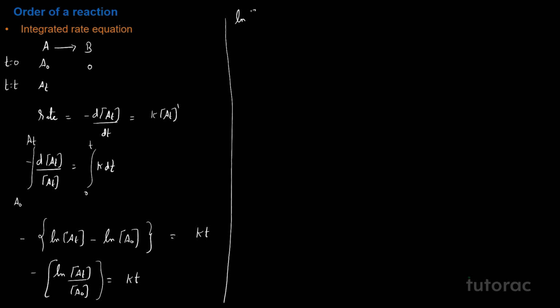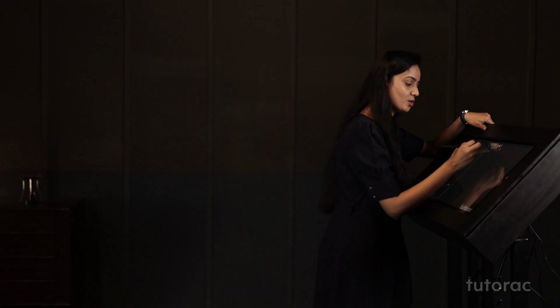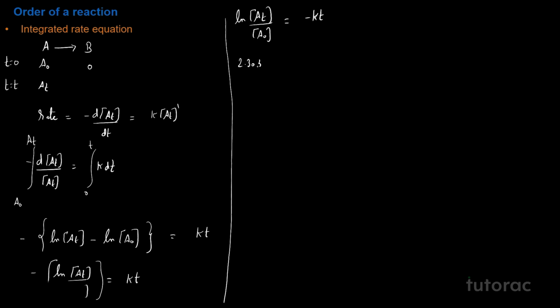Now I can write this equation as ln At upon A naught is equal to minus kt. In chemistry, we use log base 10, so I have to convert this to log base 10. I will write 2.303 log base 10 At upon A naught is equal to minus kt.